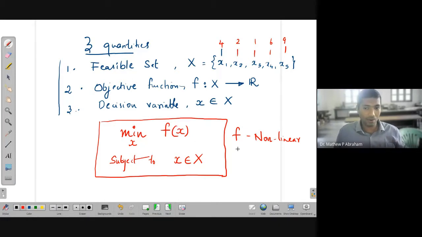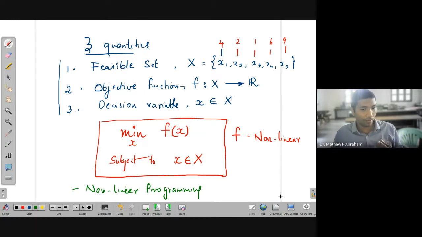And if f is nonlinear, and I haven't put any restrictions on the feasible set X, then in the general case the problem at hand is what is called a nonlinear programming problem. You cannot have something which is more general than this. So if you have a theory for the nonlinear programming problem, that theory can be applied to any optimization problem.